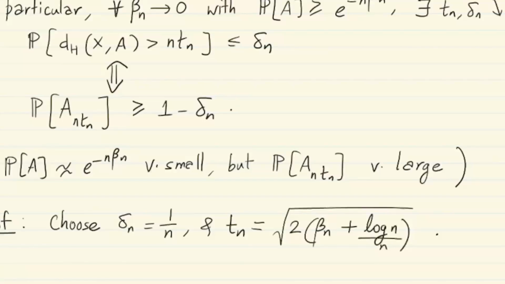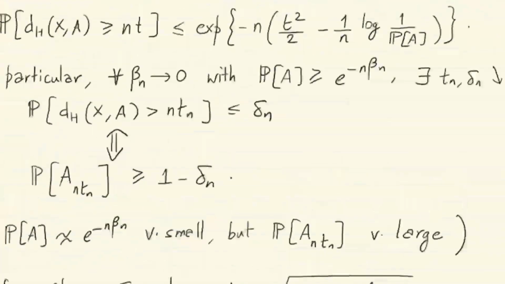You can check that this choice will give you what you want. Notice that n Tn is roughly of order square root n. So if you blow up a very small set in distance by about square root n, then you basically get extremely large probability coverage.